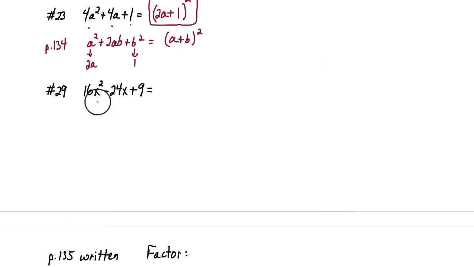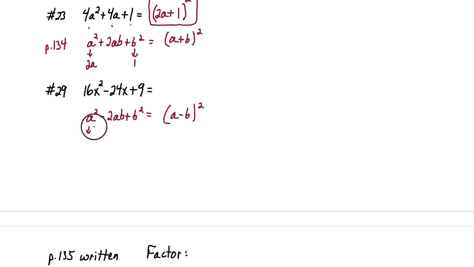Number 29, look for a greatest common factor. There is no number other than 1 that divides into 16, 24, and 9. Next, look for a special pattern. The special pattern is a squared minus 2ab plus b squared is equal to a minus b squared.